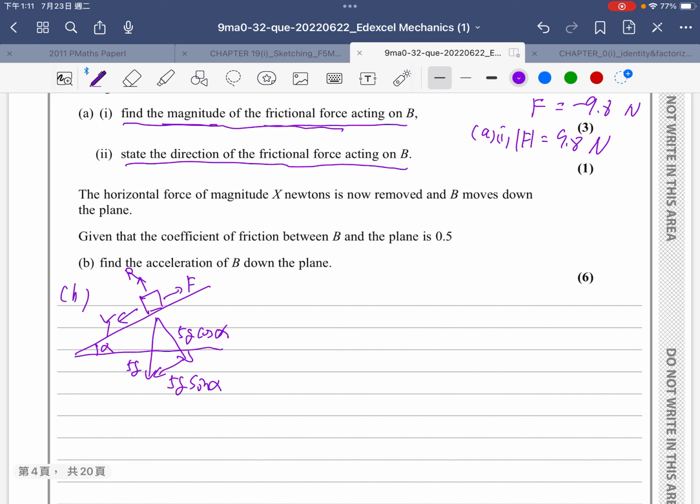By the definition, given the coefficient of friction of B is 0.5, frictional force is equal to the coefficient times the normal force.